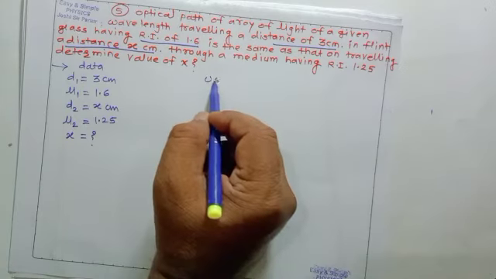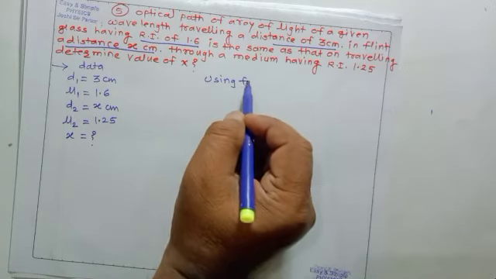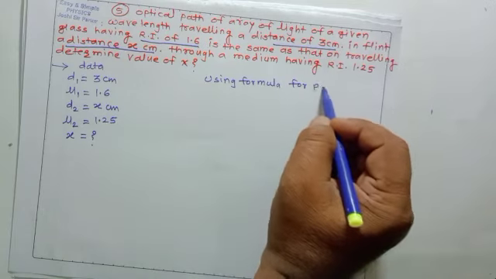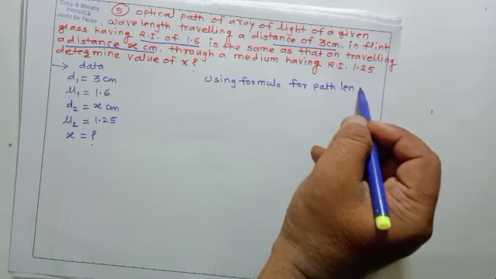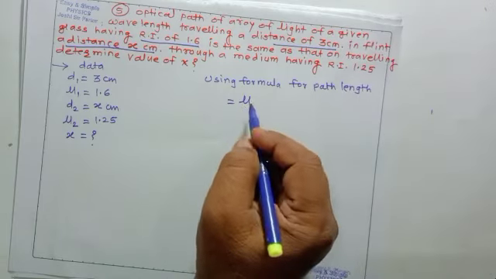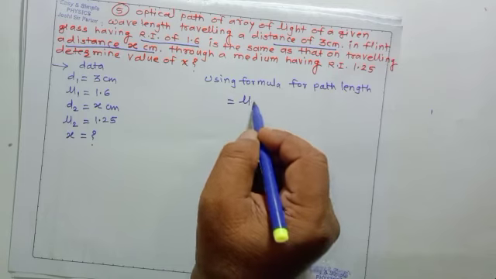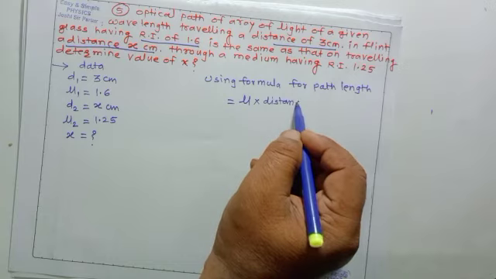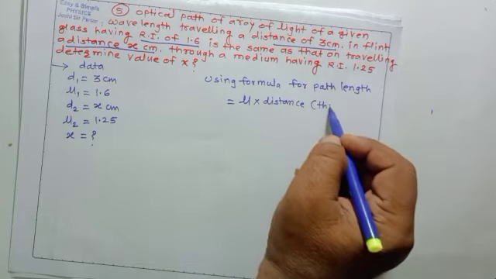Using the formula for path length, it will be mu into distance or thickness.